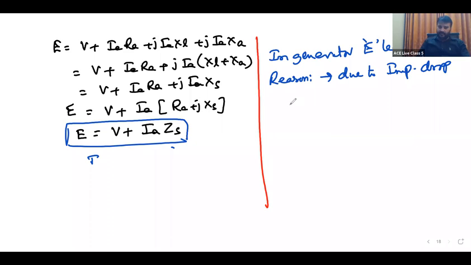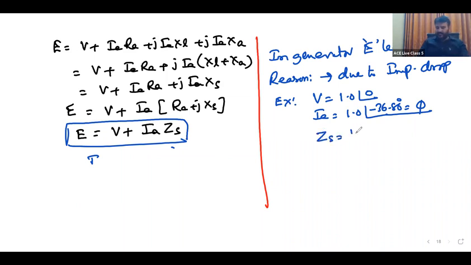So for example, if you take V at an angle 0, V is equal to 1 per unit at an angle 0. And IA is equal to 1 at an angle of, say, minus 36.86 degrees, that is the load power factor angle. Similarly, ZS is, say, 1 at an angle of 80 degrees.